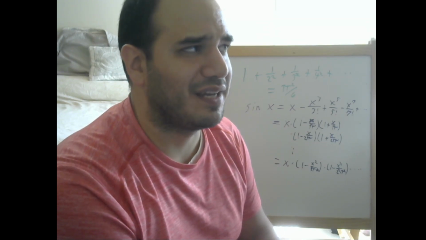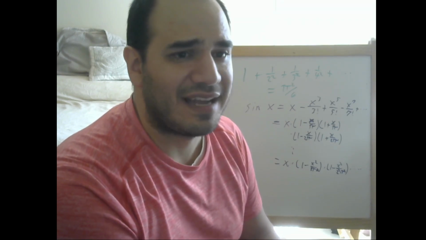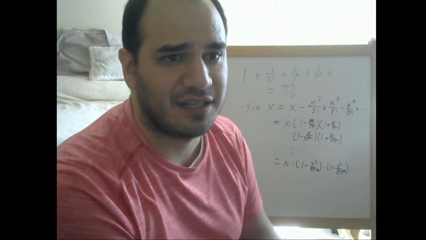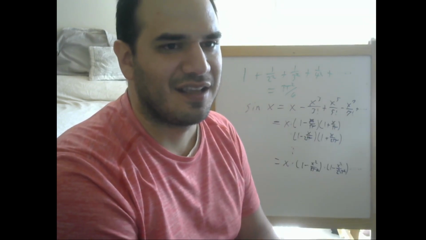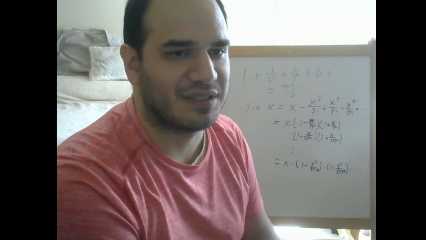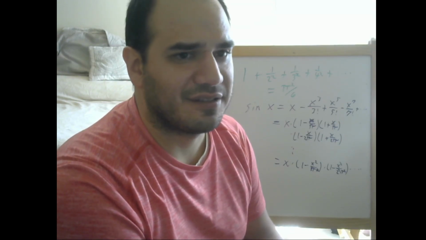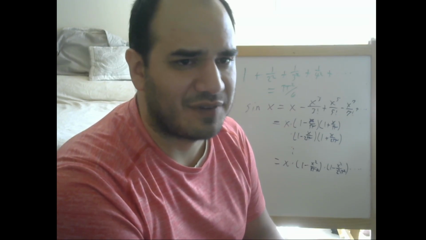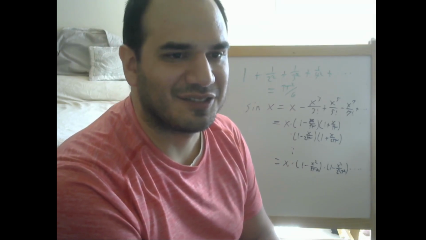Could you multiply an infinite number of factors which are themselves not equal to 1, not the multiplicative identity, just as for summations we considered something that wasn't the additive identity? Could you multiply these terms together and get something that is finite? And the answer is yes, under certain circumstances.